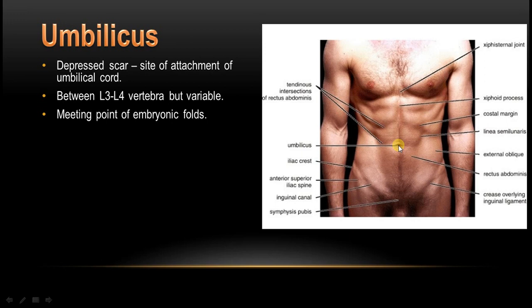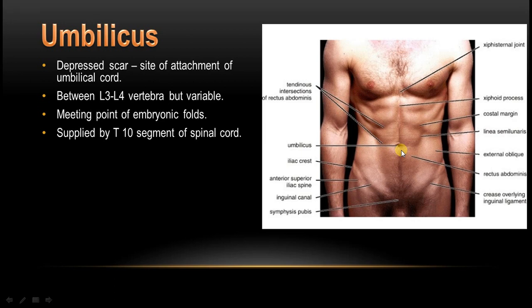Then during the development of the gastrointestinal tract, herniation of the intestinal loops takes place through the umbilicus. But they return back to the abdominal cavity, which is called physiological herniation. Then the umbilicus is a site of portosystemic or portocaval anastomosis.